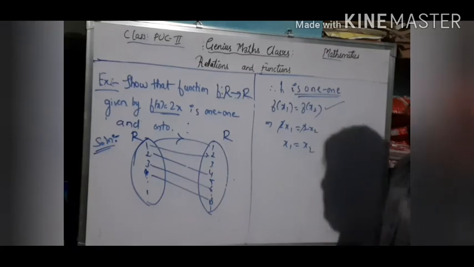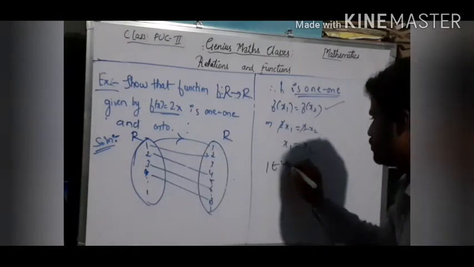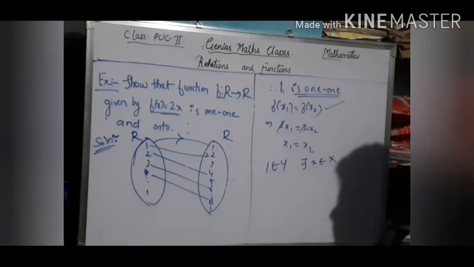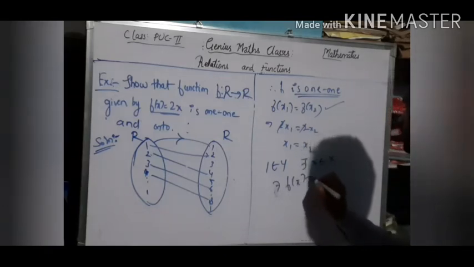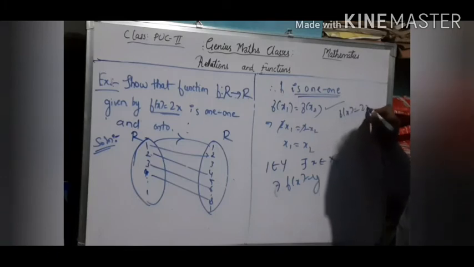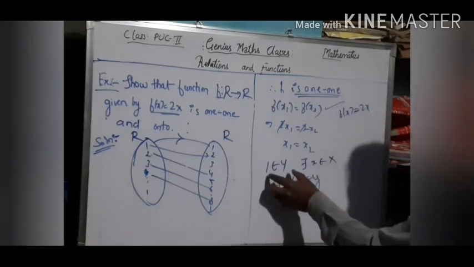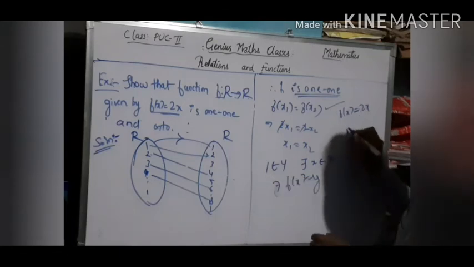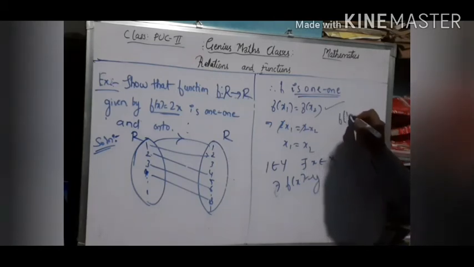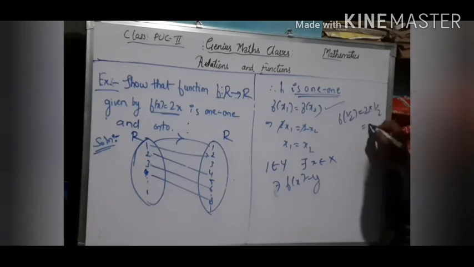Similarly, in reverse, for every element here you will get the pre-image, because for 1 belonging to Y, there does exist an x belonging to X such that f of x equals y. Since f of x equals 2x, reversing gives 1 by 2. f of 1 by 2 is equal to 1, because 2 into 1 by 2 is 1.